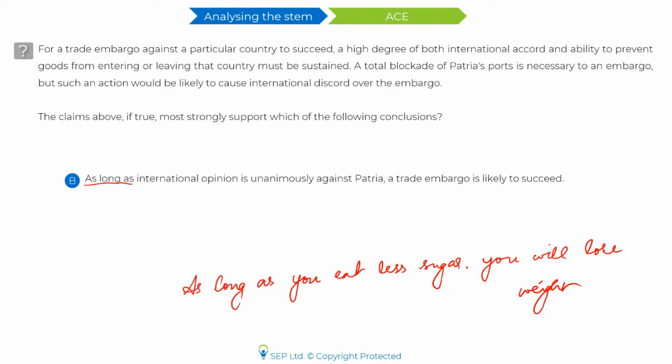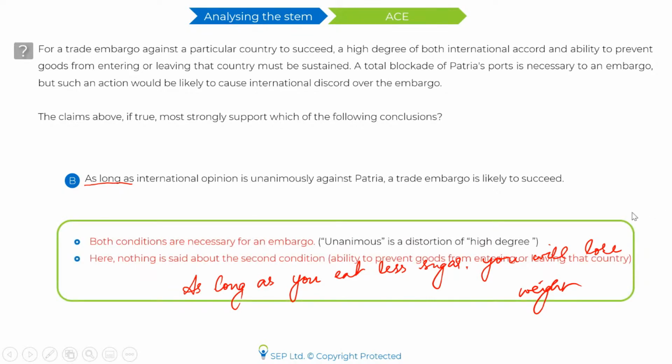Okay, as long as international opinion is completely against Patria, a trade embargo is likely to be successful. Remember, we have three necessary conditions, and this choice is saying that we just need one condition to make that trade embargo likely to succeed. So this is not an inference, because from the necessary condition, you're converting it into a sufficient condition, guys, and that won't work.